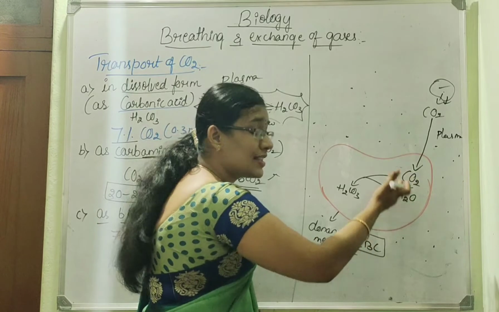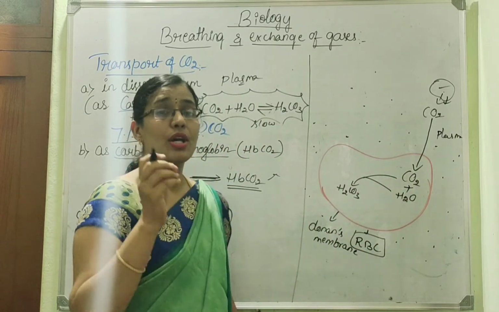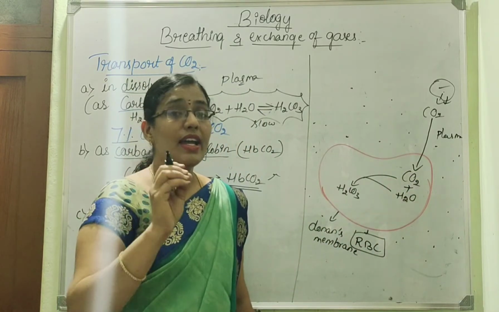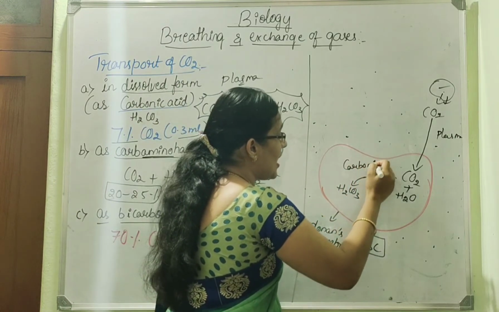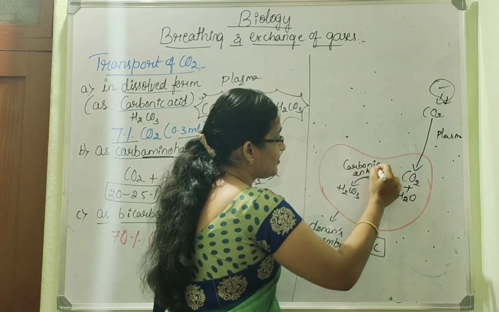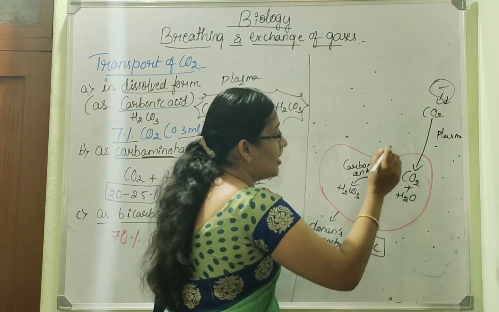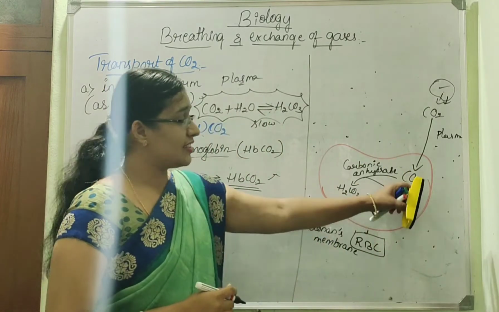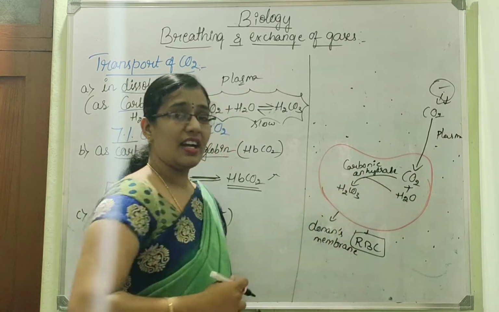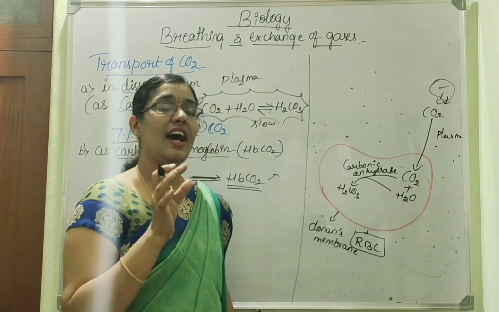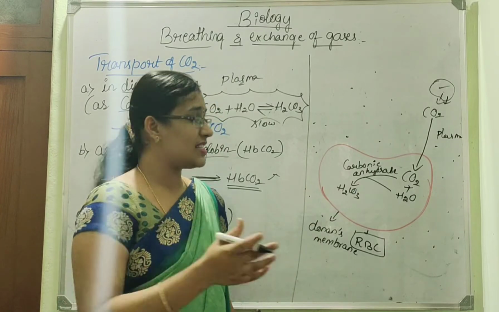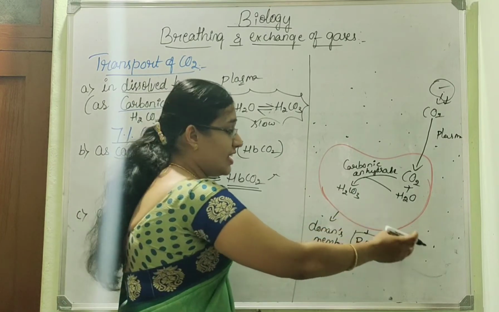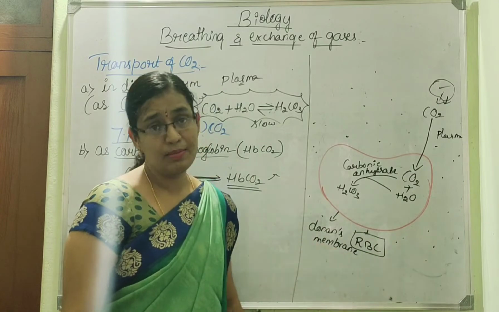And this reaction is catalyzed by an enzyme called carbonic anhydrase. Which is the enzyme catalyzing this reaction? Carbonic anhydrase, which is present inside the RBC. This carbonic anhydrase is only present inside the RBCs, but it is absent in plasma.